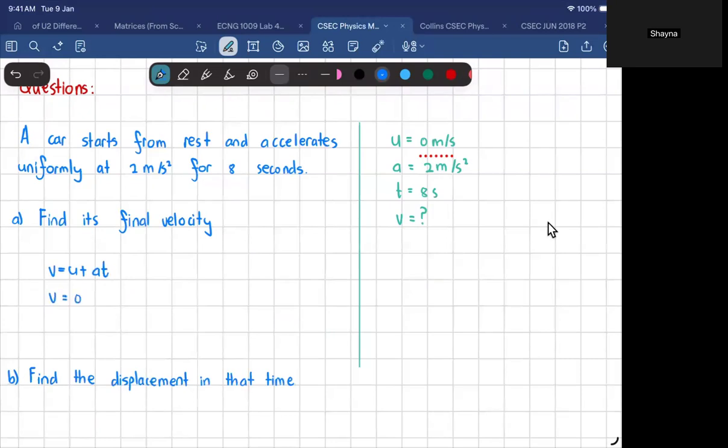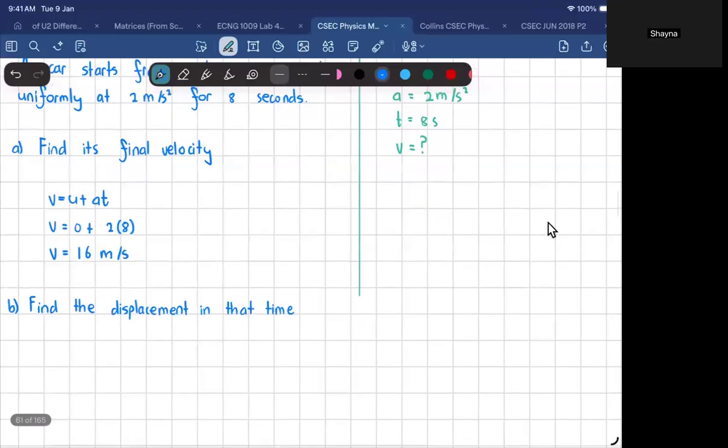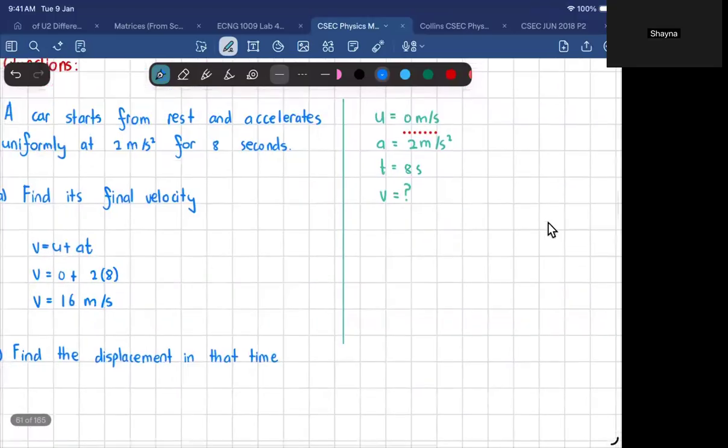That's just going to be 0 plus 2 by 8. So my final answer is, oh sorry, 16, all right, 16 meters per second. Right.